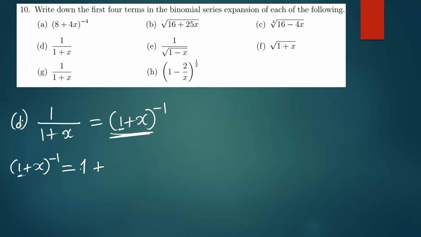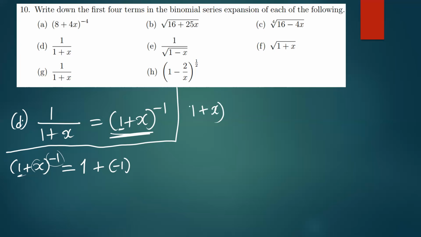The second term is found by multiplying the power and what you have there. So the power is negative 1. Maybe before doing this, let me write the extension here, so that as I'm doing this, you should also be following bit by bit. The extension states that if you have a function in the format 1 plus x to the power n, the first term is always 1.